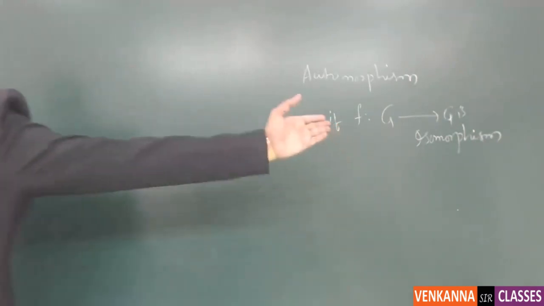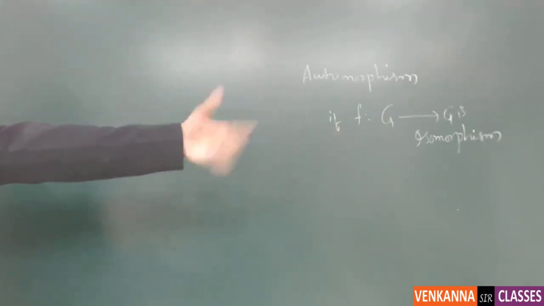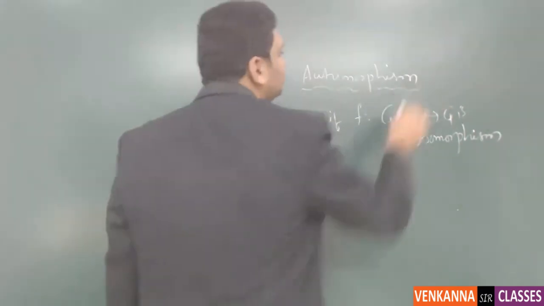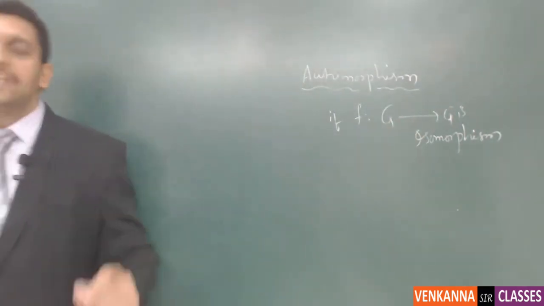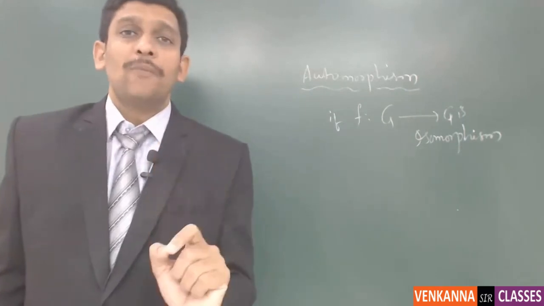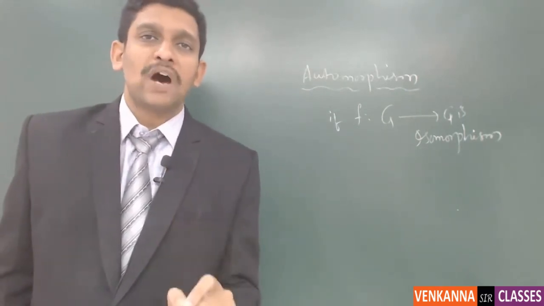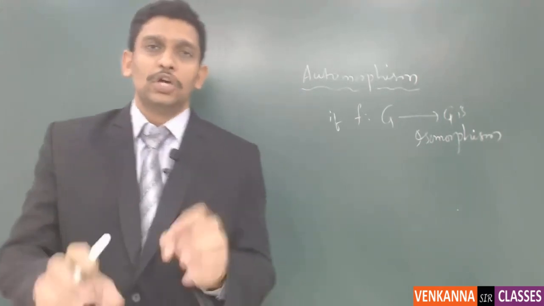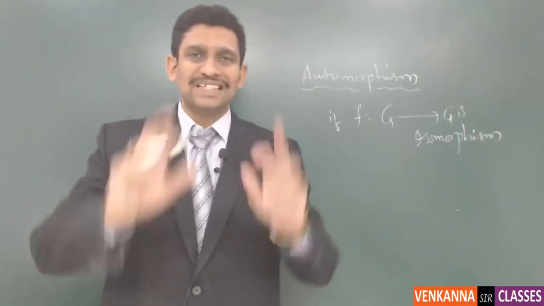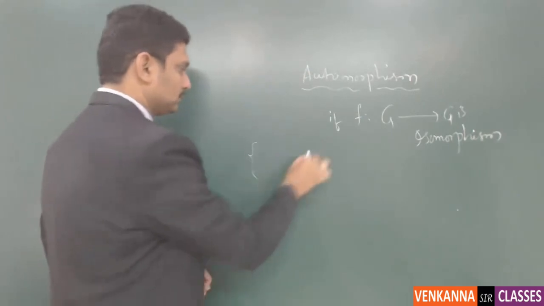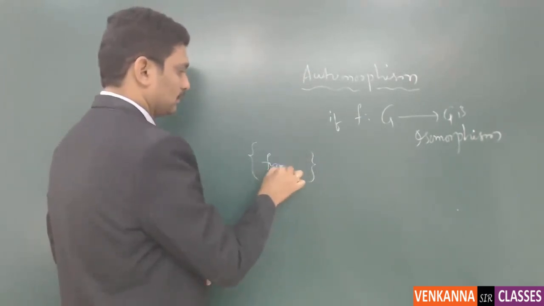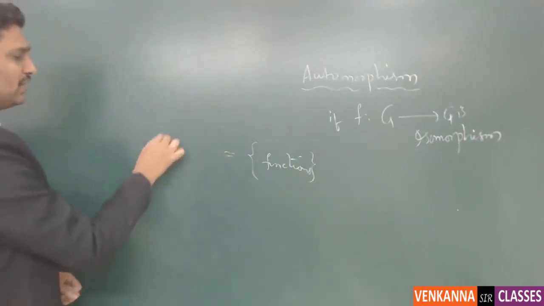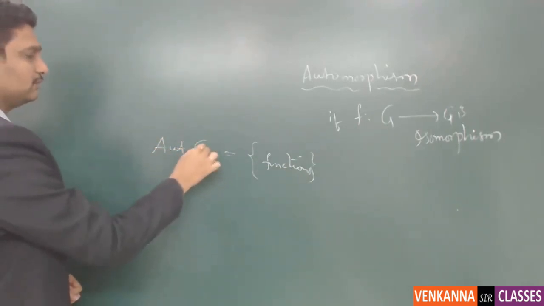If f from G to G is an isomorphism, then we call it an automorphism. Now the question is, how many such automorphisms will exist? If so, you put all the functions as a set. We denote it with the symbol Aut G.